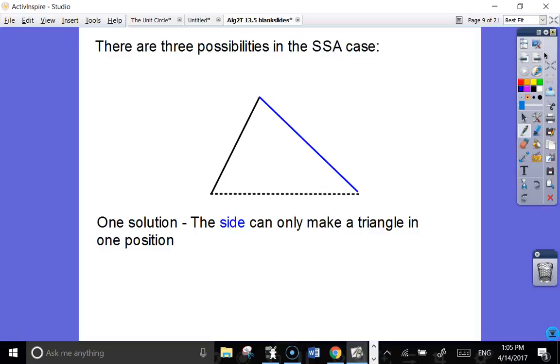So those are the three possibilities. Either you got no solution, you got two solutions, or you got one solution. You got no triangles, you got two triangles, or you got one triangle. Okay, now we're going to see what does that look like when you're solving? How does that become apparent?